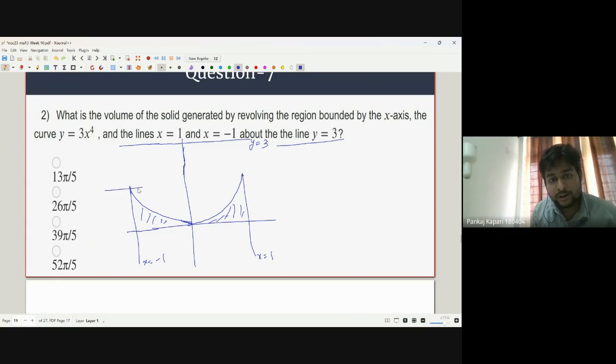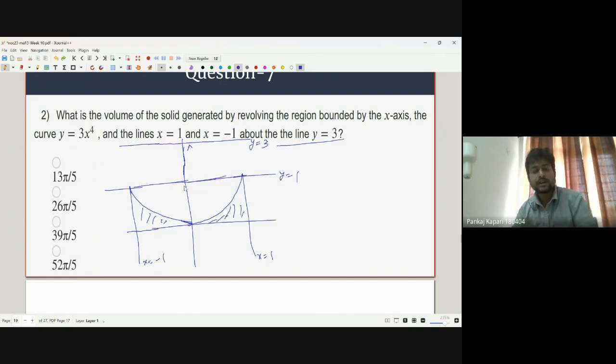Your solid touches the line y equal to 1, and now you are revolving this solid about the line y equal to 3. So now you see that there will be a gap by this much.